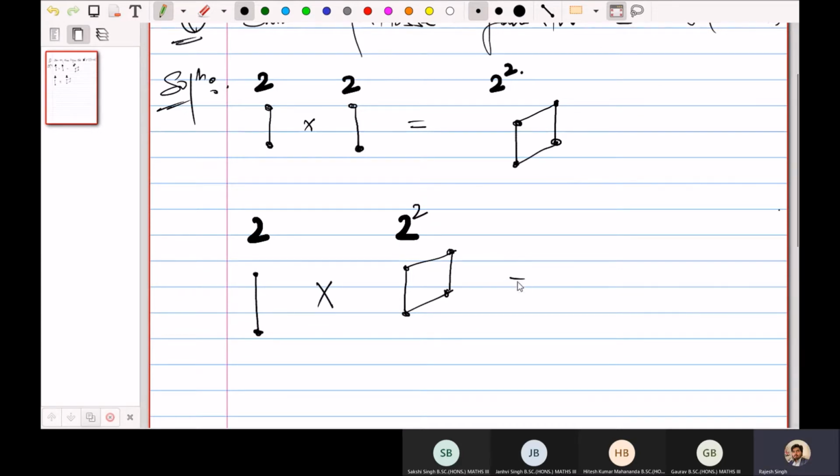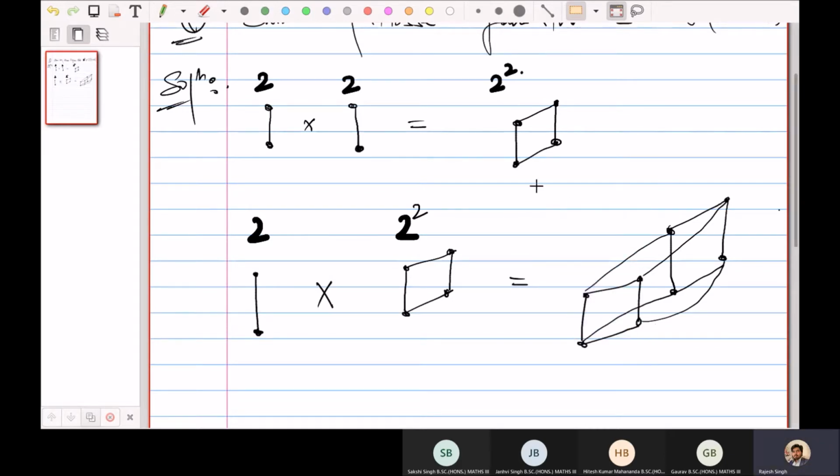So what will we get? We have this, and we have to replace each vertex by this graph. So this, and then we have to get another one here, right? And we have to join the corresponding vertices. So this will be connected to this, and this will be connected to this. So it is something like a cube, right?